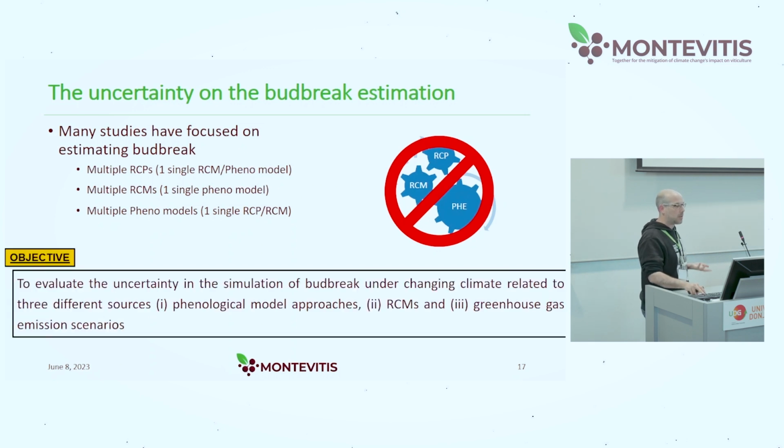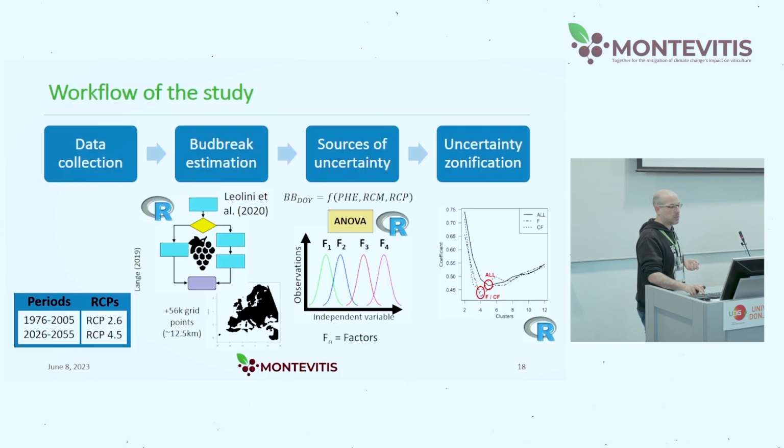So in our case, the objective of our study is to evaluate uncertainty on simulating the phenological stage in the future, considering the three sources of uncertainty: the phenological model, the regional climate models, and the RCP scenarios.